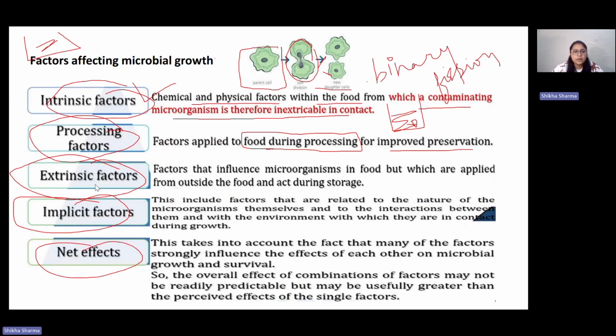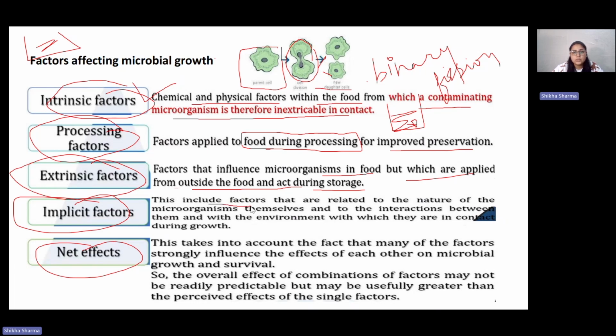Then extrinsic factors are also there. These are the factors that influence microorganisms in the food, but which are applied from outside the food and act during storage. These are factors from the environment that affect the growth of the microorganisms. Then implicit factors are also there.